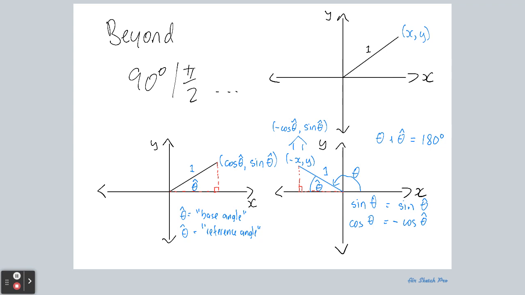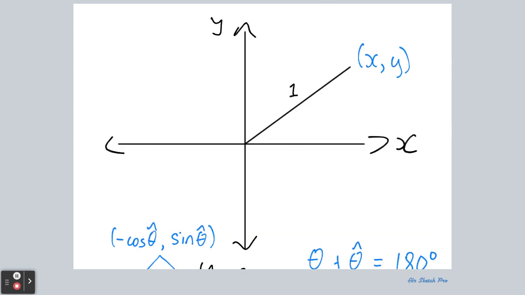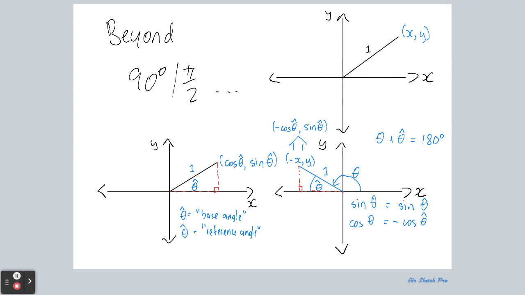So if we go back and have a look at these three lines here, we can start talking about the plus or minus of tan as being based upon the gradient being positive or negative. Looking at the first one here, I'll zoom in so you can see it more easily.